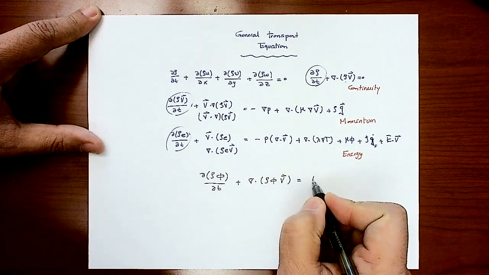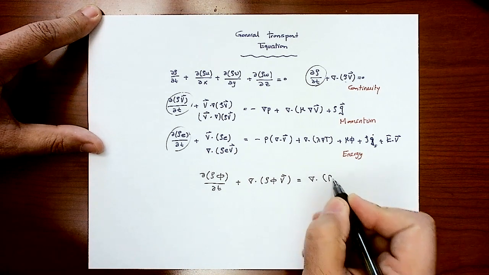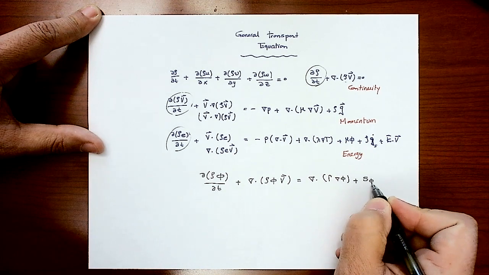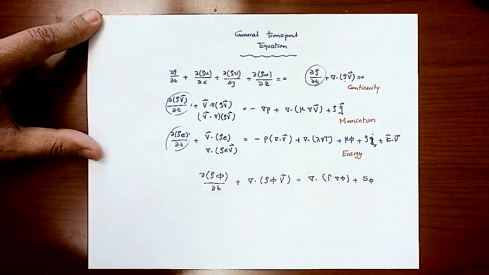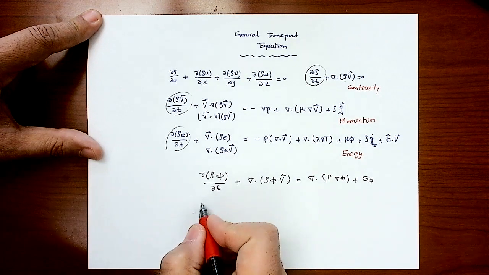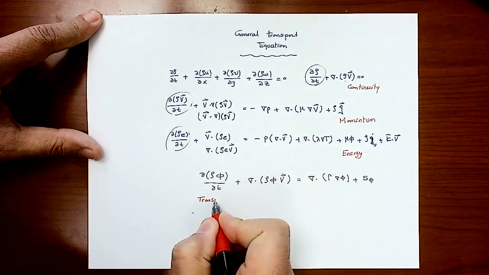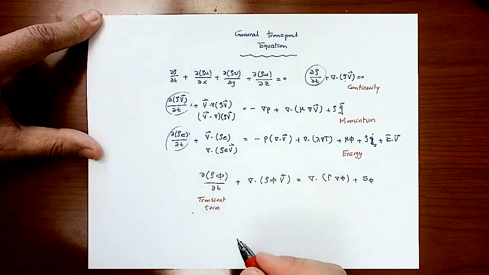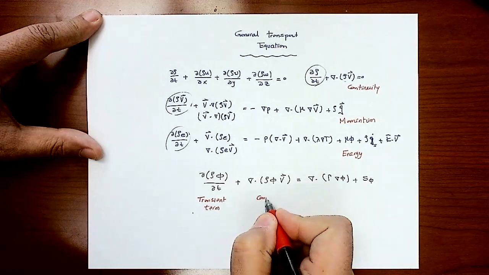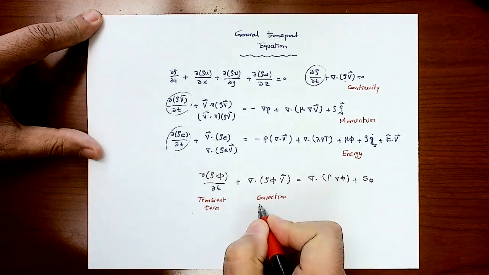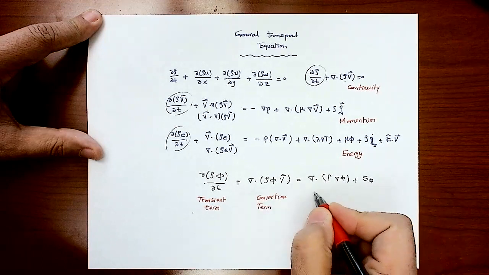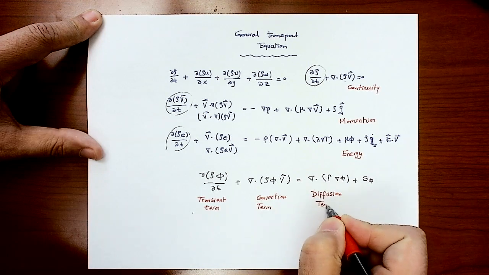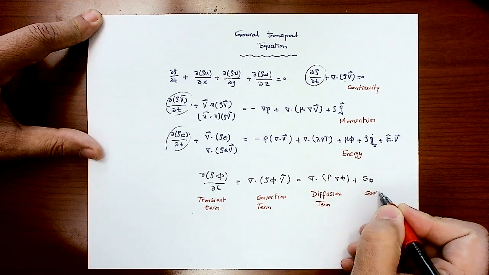And the right-hand side can be simplified as nabla dot kappa nabla phi plus S phi. So the first term in this equation is the transient term, or the unsteady term. The second term is the convection term. This is the diffusion term. And this is the source term.